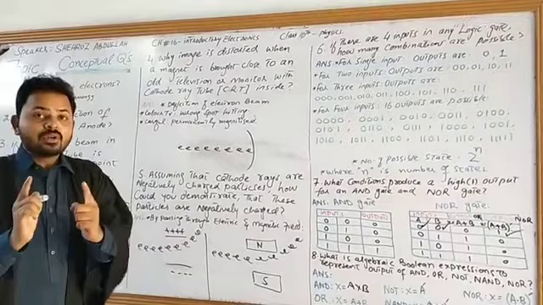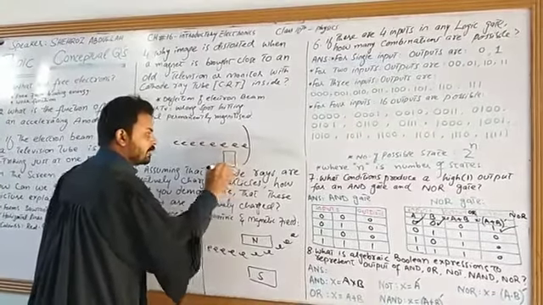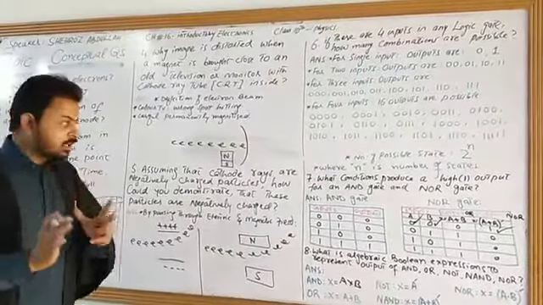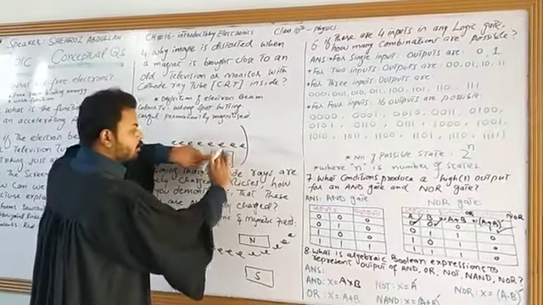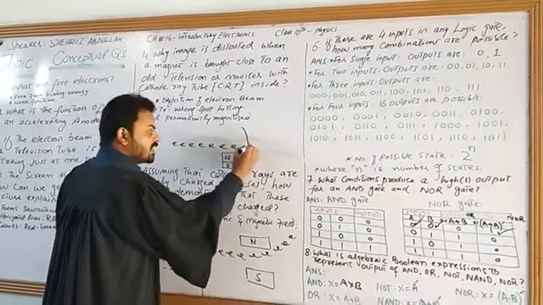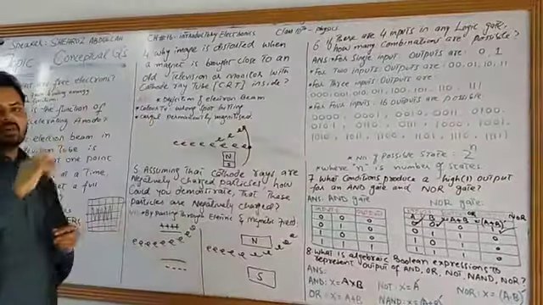If you bring a magnet close to it, for example, this is north and this is south, this north pole will repel the electron beam, and instead of hitting this point on the screen, the electron beam will hit the upper point on the screen.